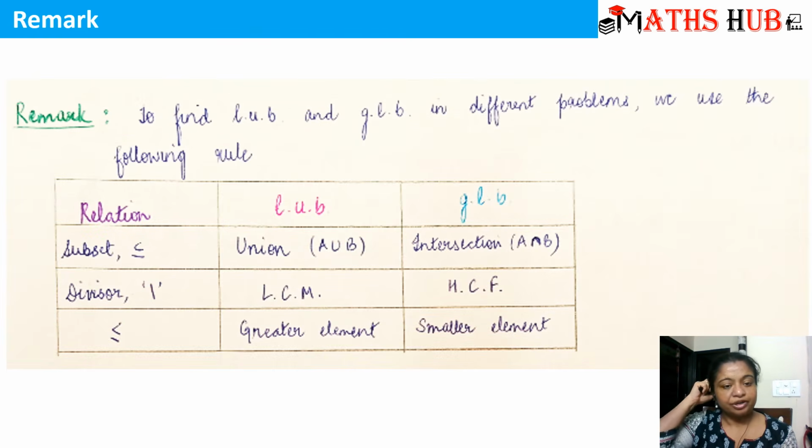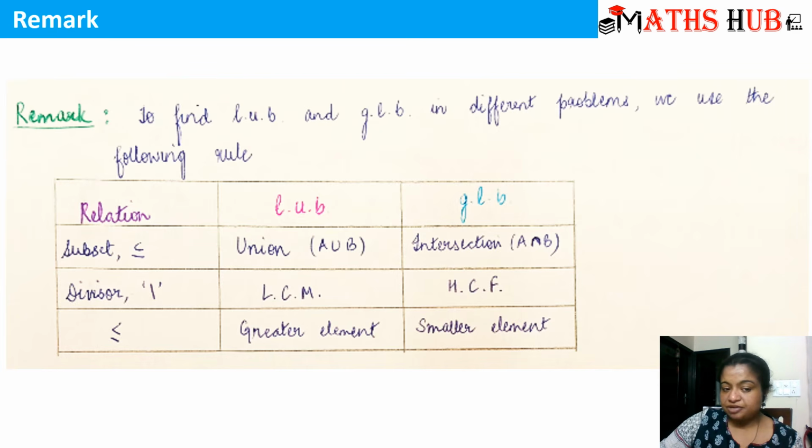Now, one very important remark. Since we haven't moved to the definition of lattice, this is a very important table that you should remember when we will be calculating the lattice topics. Whenever the relation is a subset relation, what are the meanings of LUB and GLB?